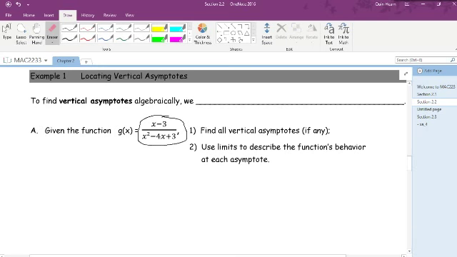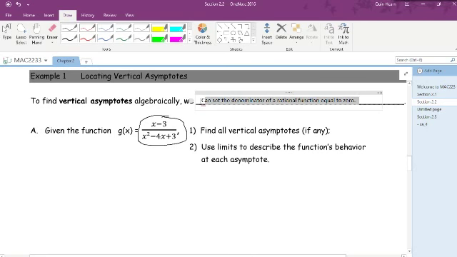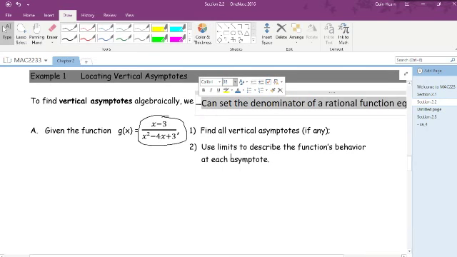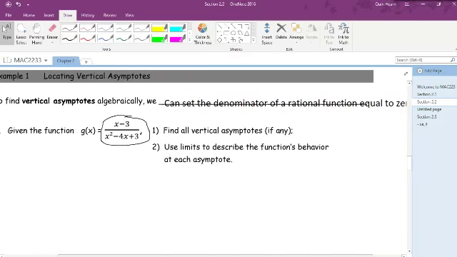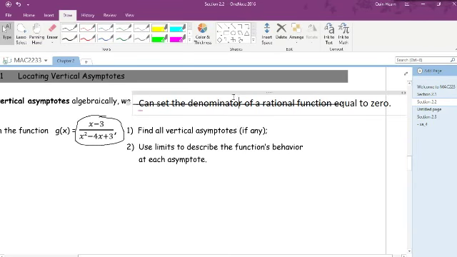Let me type this one. Okay, if you have a rational function, all you have to do is set the denominator equal to 0, assuming that the rational function is in simplified form, it's reduced completely.